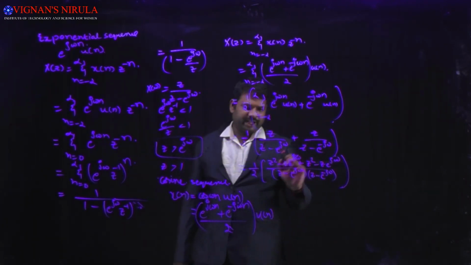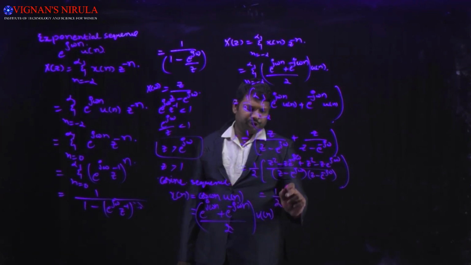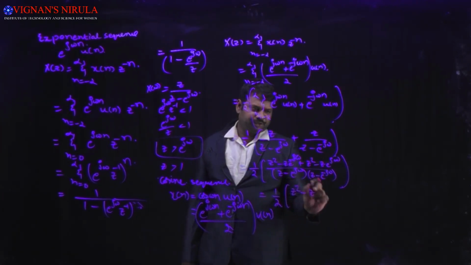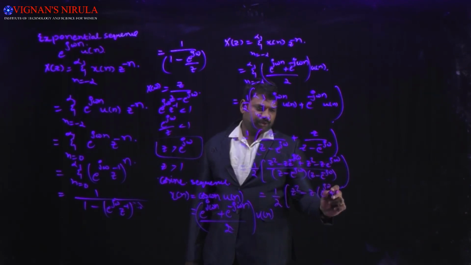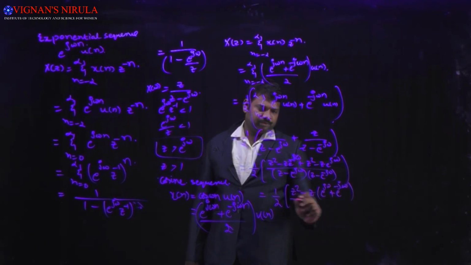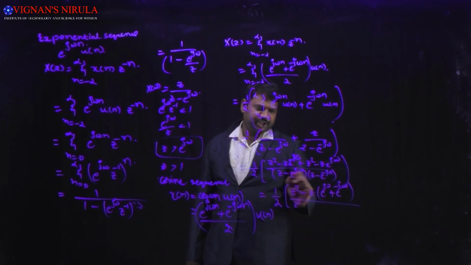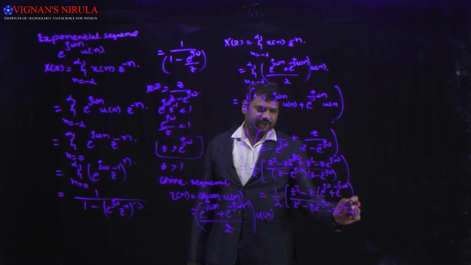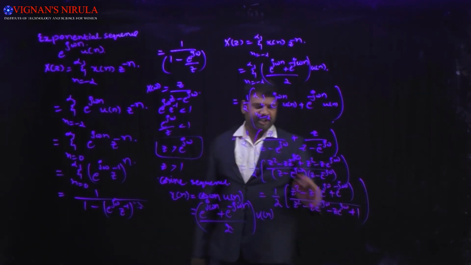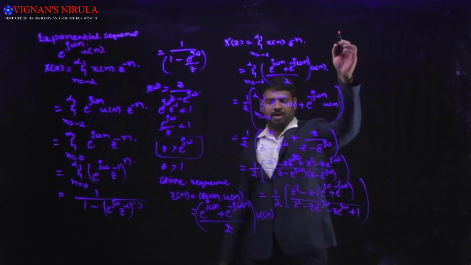Therefore, it's not cancelled here. So 1 by 2 into 2 Z square, minus, when we take Z as common, e power j omega plus e power minus j omega, by the denominator: Z square minus Z into e power minus j omega, minus Z into e power j omega, plus e power j omega times e power minus j omega, which is 1. The sum e power j omega plus e power minus j omega is 2 cos omega.